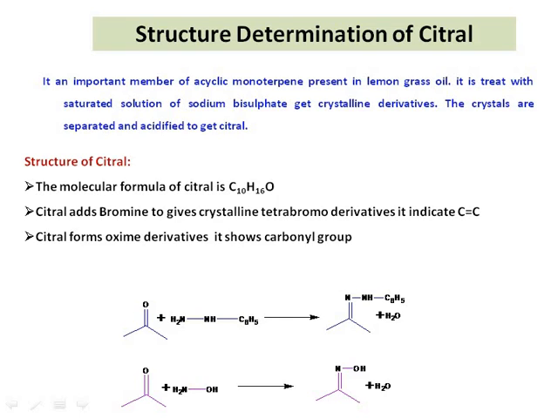It means it contains a carbonyl group, right? If a carbonyl group is present, such molecules form. If it is absent, such molecules cannot form. But citral forms such a molecule, the phenylhydrazone derivative, and therefore we consider that the carbonyl group is present here. Similarly, hydroxylamine adds to give oxime derivatives, and therefore citral must contain a carbonyl group.